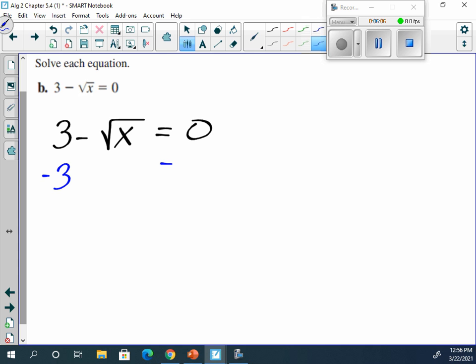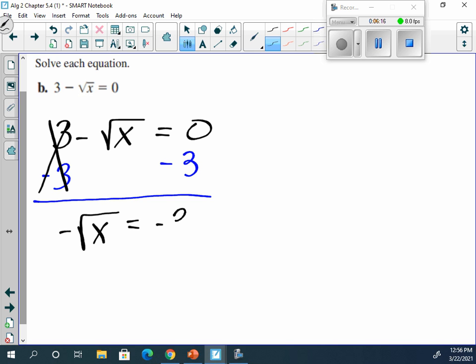We can subtract 3 from both sides. And if we subtract 3 from both sides, 3 minus 3 will give us 0, so we're just left with negative square root of x is equal to negative 3. So we're going to move the number over first.